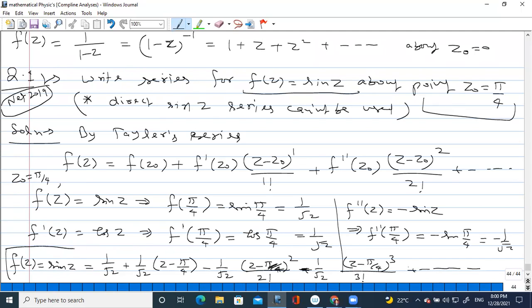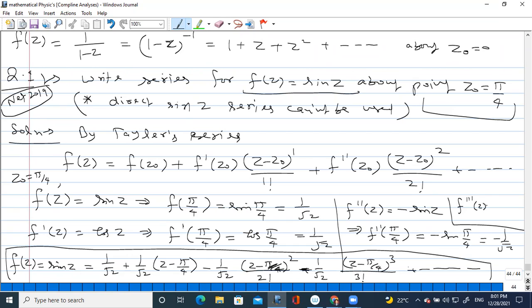So that will be the series. f triple dash pi by 4 also will be minus 1 by root 2.